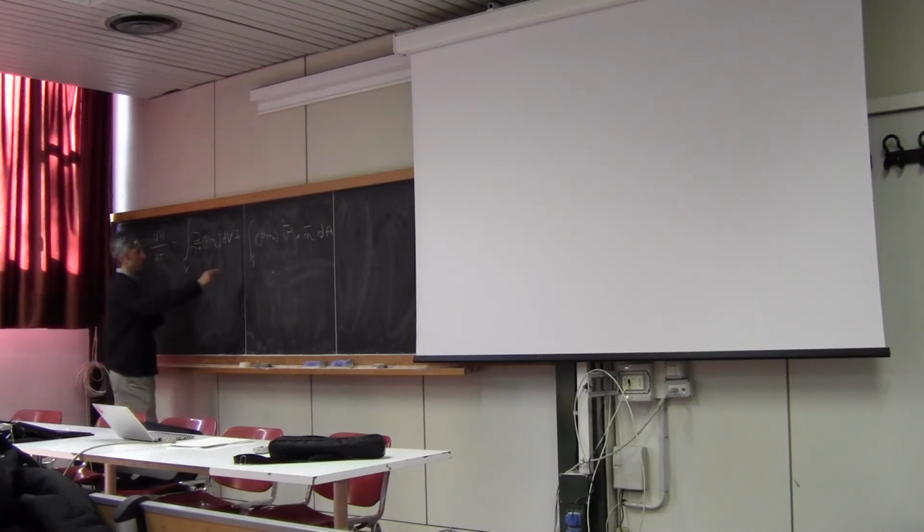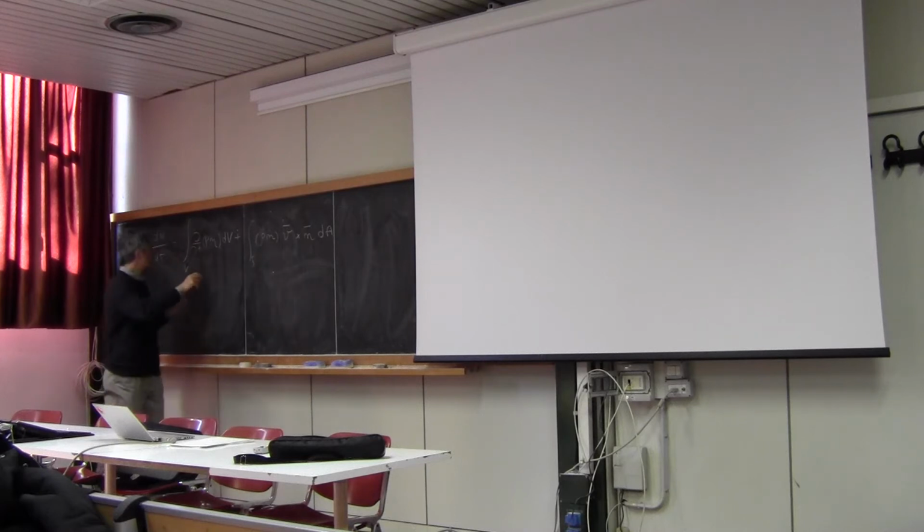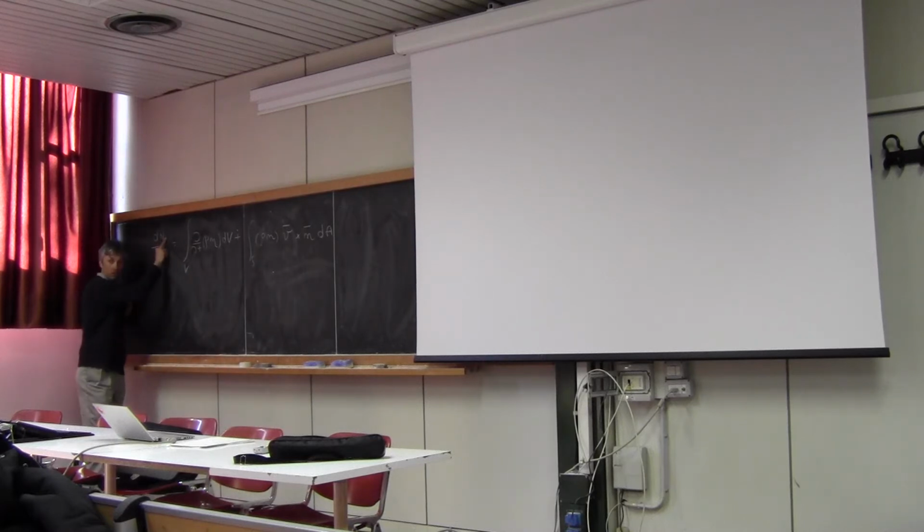And the quantity rho is the mass density of the fluid, and eta is the concentration per unit mass of the extensive property.